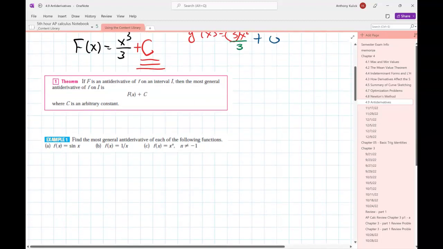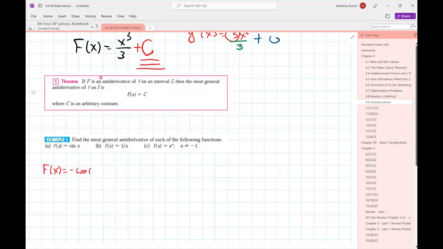So let's do a couple of examples. Again, we're finding the most general antiderivative. What function gives me the derivative sine? Negative cosine. Yeah, very good. So the derivative of cosine is negative sine. But since we want the most general, what do I also need at the end of this?